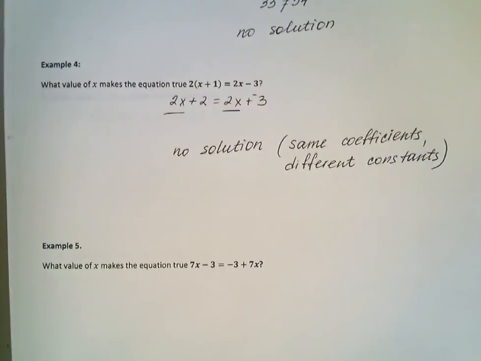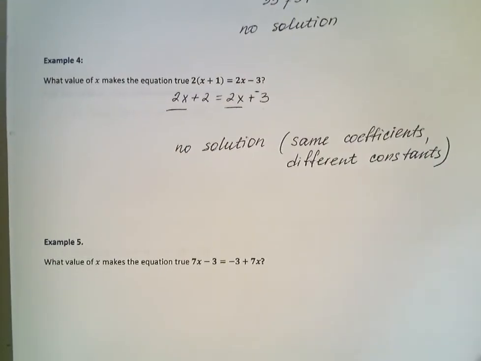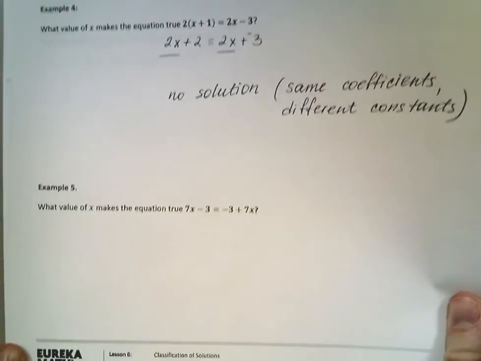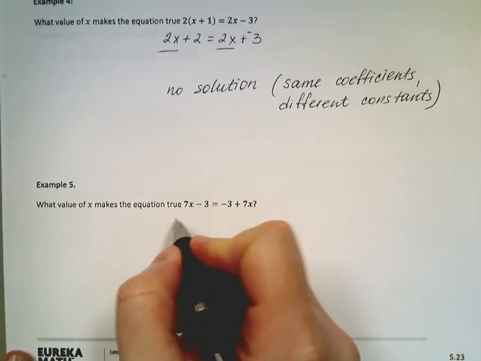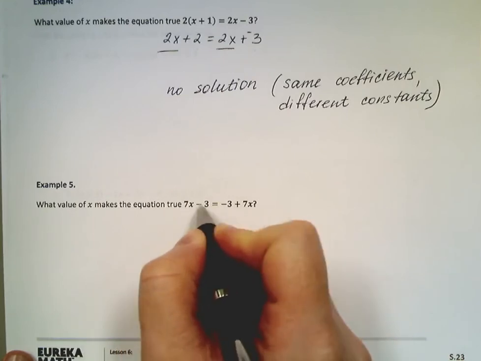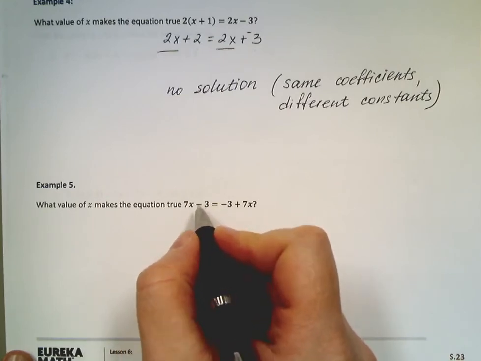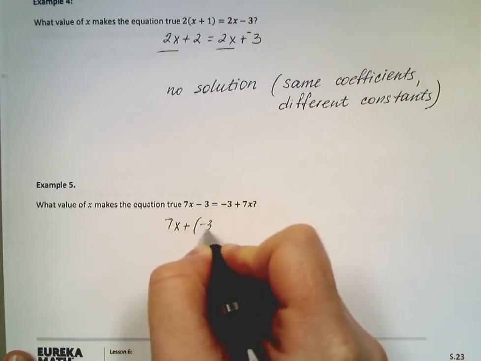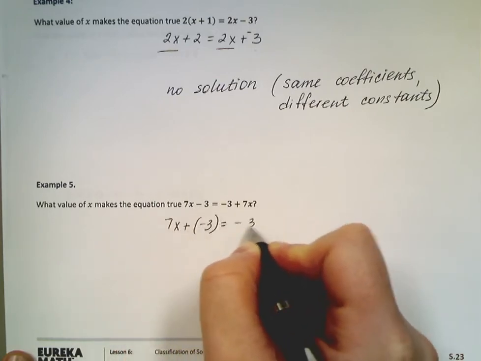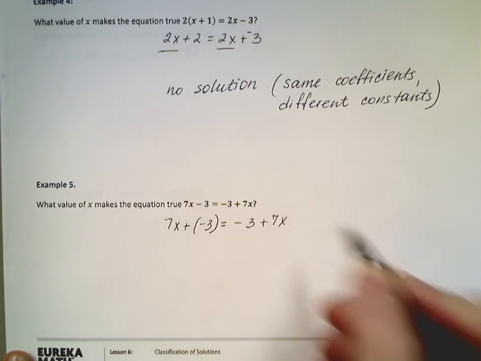Okay, let's look at example 5. 7x minus 3 equals negative 3 plus 7x. Okay, so I will change my subtraction into addition of the opposite. I will get 7x plus negative 3 equals negative 3 plus 7x.